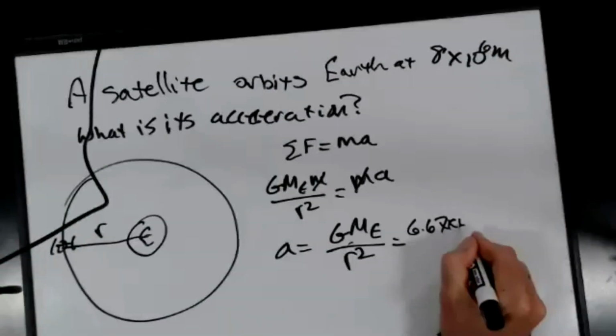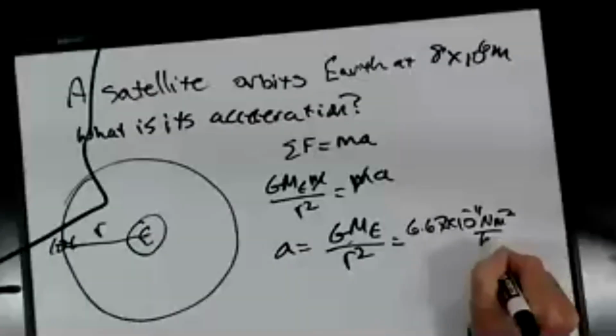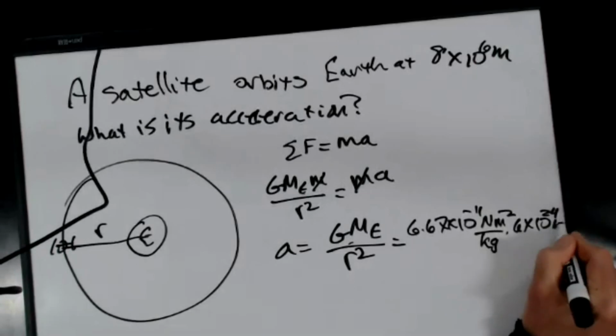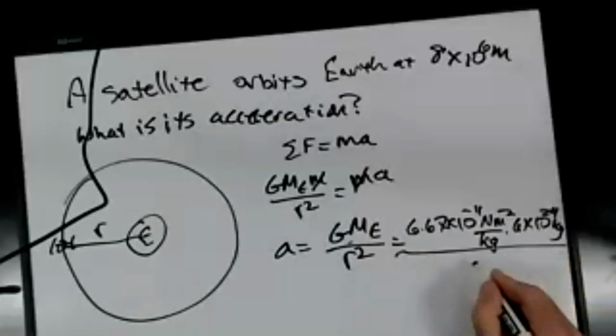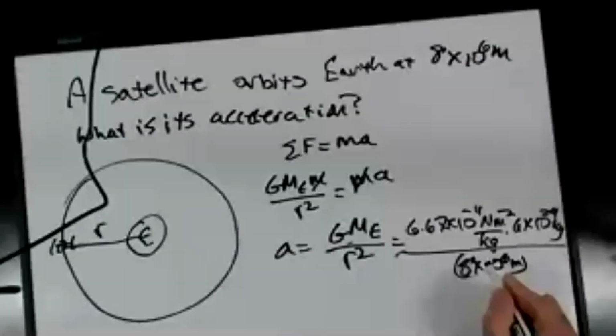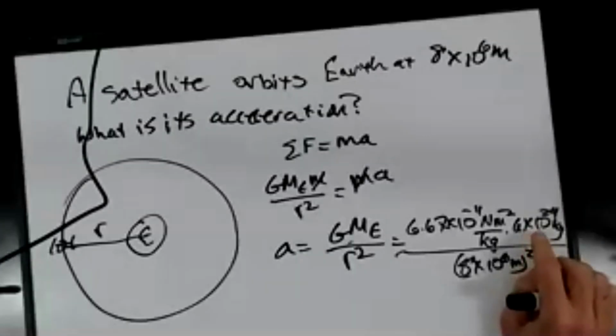But we've just got to multiply all these out, right? This is 6.67 times 10 to the negative 11th Newton meter squared per kilogram squared. The Earth's mass is 6 times 10 to the 24th kilograms. And this is 8 times 10 to the 6 meters, all squared. And so what is that?